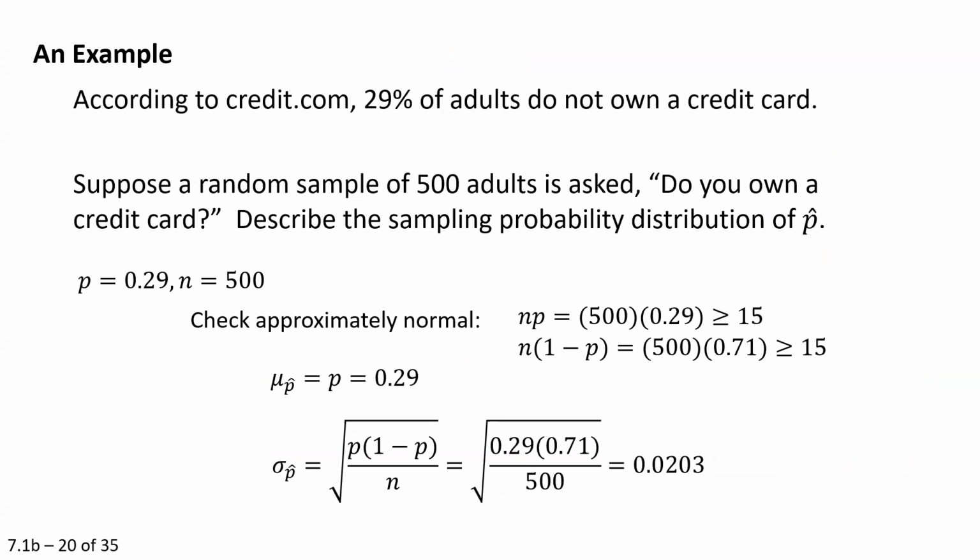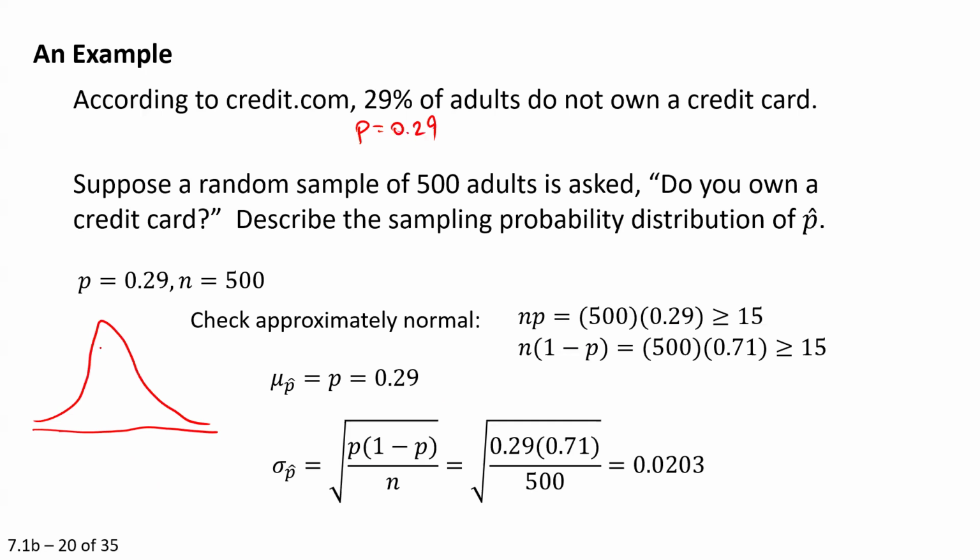According to credit.com, 29% of adults do not own a credit card. Okay, so here I'm assuming that that's the population. Suppose a random sample of 500 adults is asked, do you own a credit card? What would be the sampling distribution of P hat here?